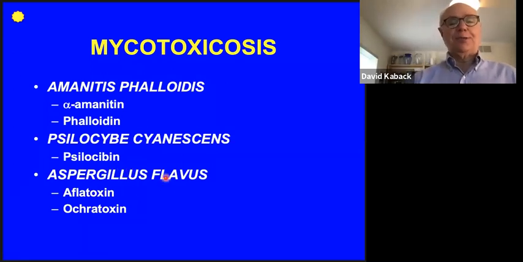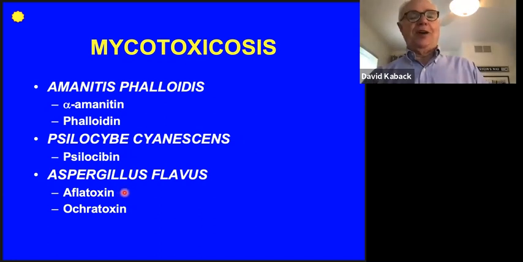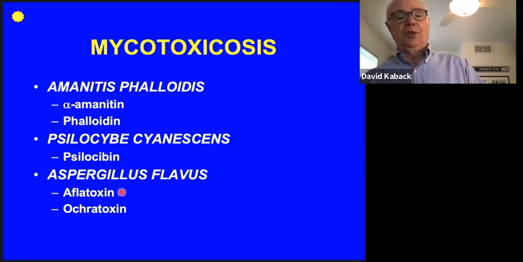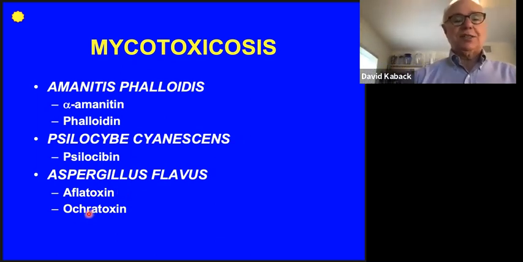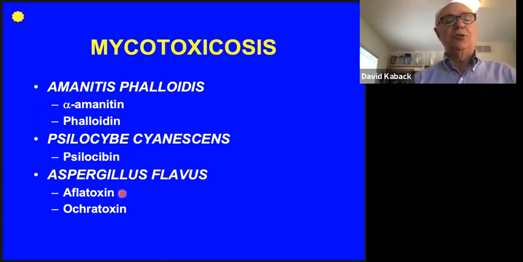And finally, Aspergillus, this common food mold, is known to produce aflatoxin, a highly carcinogenic compound when it finds its way into the body and through the liver, where it's turned into a carcinogen. Ochratoxin is a hepatotoxin. And there are numerous cases where we find people eating rotten foods who end up essentially with a tumor due to the fact that this carcinogen has caused it.